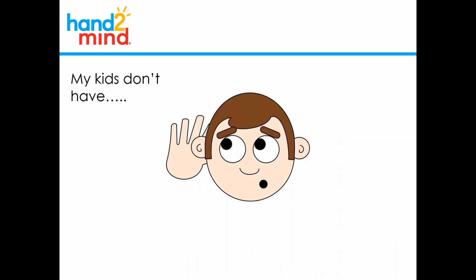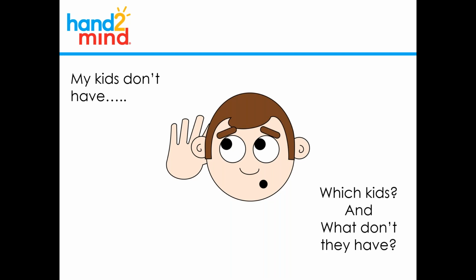But there's more to intervention than just the piece of, well, here's my lesson. We have to know the question of, what do my kids not know? So I always hear, my kids don't have, well, which kids? We have to identify which kids and what don't they have, right?